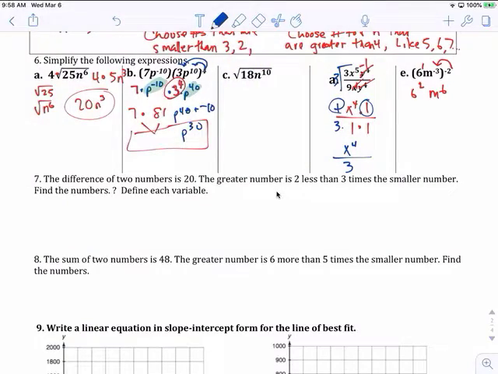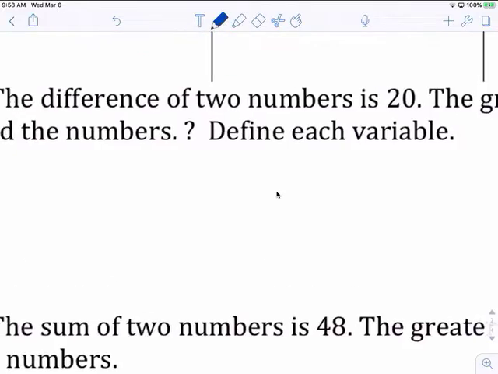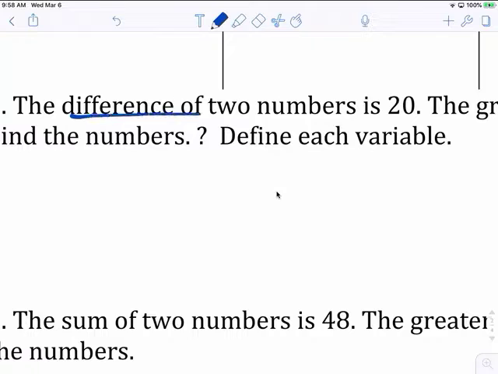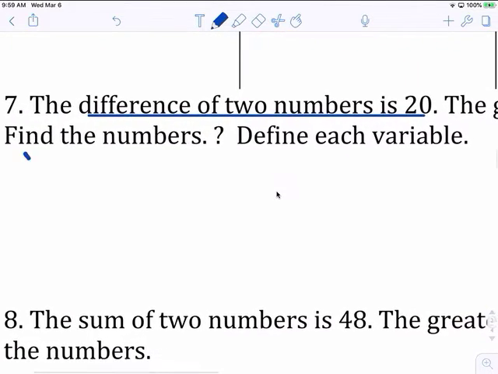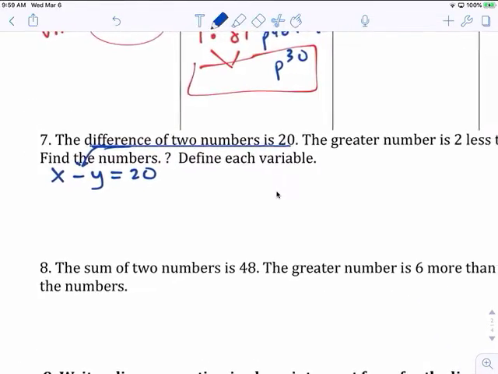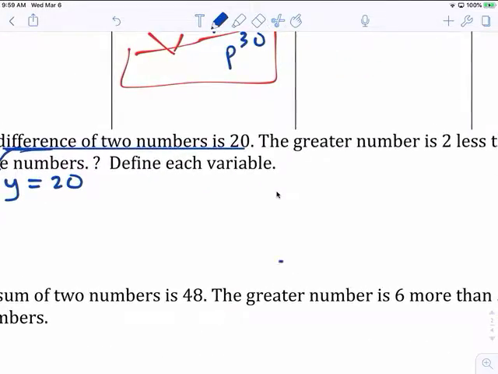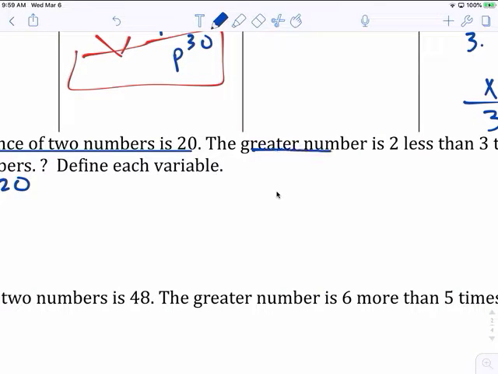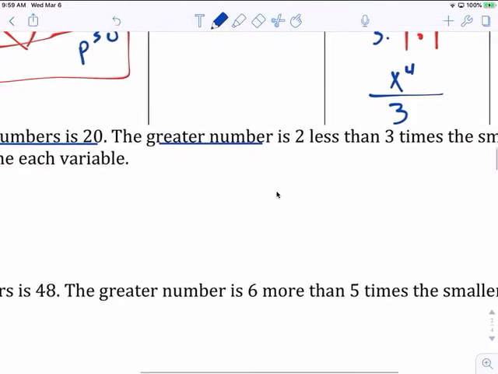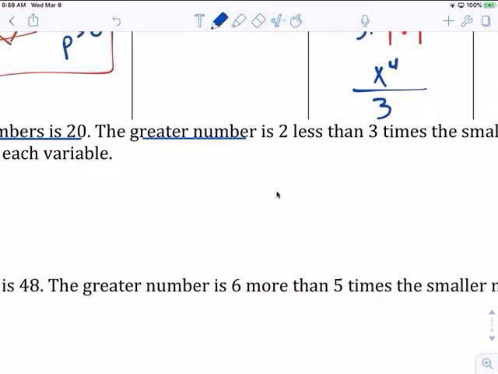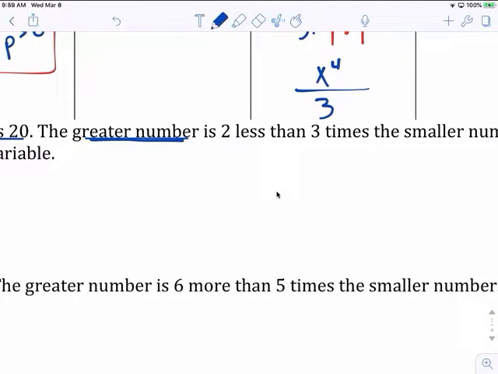I'm sorry. The difference of two numbers is 20. We know how to write the difference of two numbers 20. So difference is subtract. So x minus y, difference is minus, of two numbers is 20, equals 20, okay? So the greater number is 2 less than the smaller number.